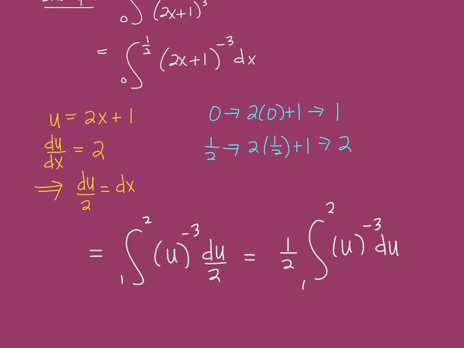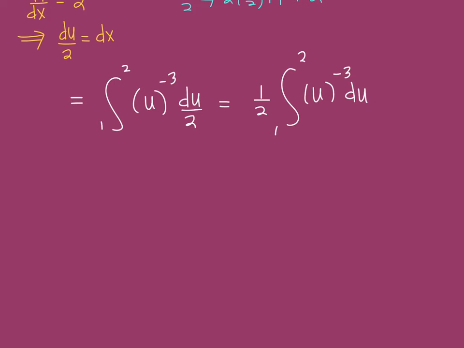And then you're ready to do the antiderivative using the fundamental theorem of calculus. So 1/2 times the bracket, my u is now u to the negative 2 plus c, but I also need to divide by the new power, so that would be negative 1/2. And my bounds are 1 to 2.